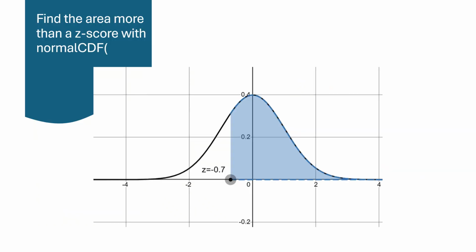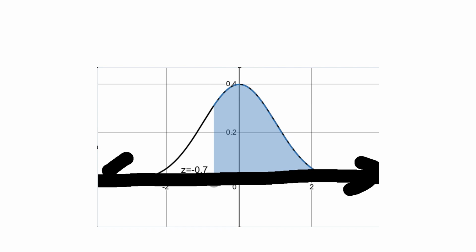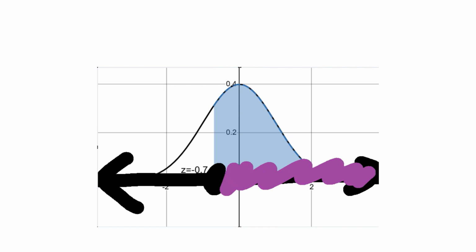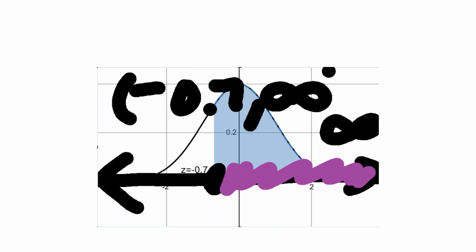What if they want you to find the area that's more than a particular z-score? So we are over here remembering our algebra class. There's the dot right there. The shaded region is this direction. Positive infinity is over here. So my interval is going to be negative 0.7 all the way to infinity.